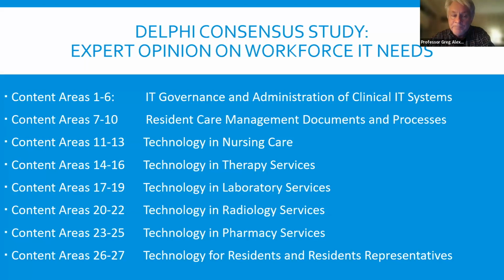Interestingly, connectivity is one of the areas that the Delphi panel struggled a little bit with. There was not a good consensus on whether or not we needed to measure connectivity anymore in the future surveys that we do on digital maturity. The reason being that we believe most facilities have a fairly decent level of connectivity now, and most facilities have good internet.